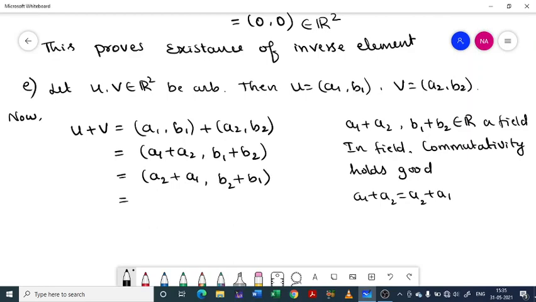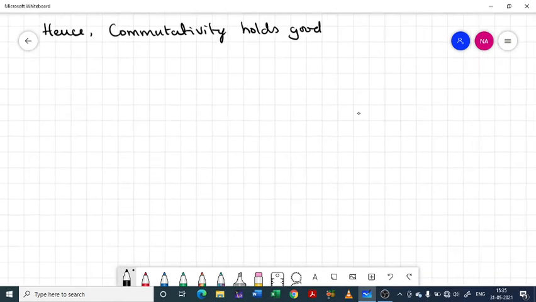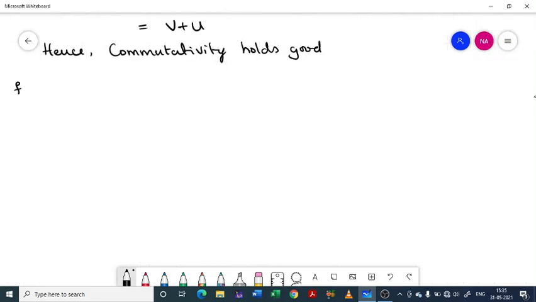But again by definition this is a2 b2 plus a1 b1, which is equal to v plus u. Hence commutativity holds good. So this proves commutative property. B, C, D, E. Next F. I think here you have to worry about the distributive property, distributivity.